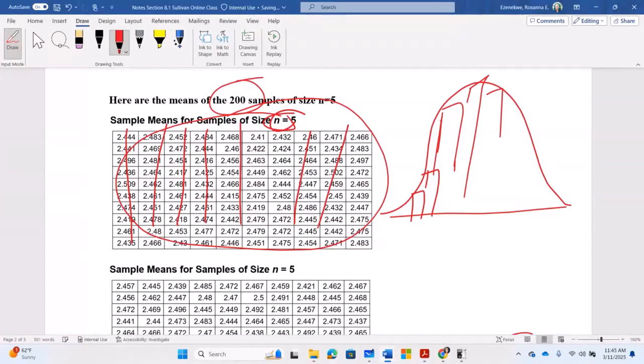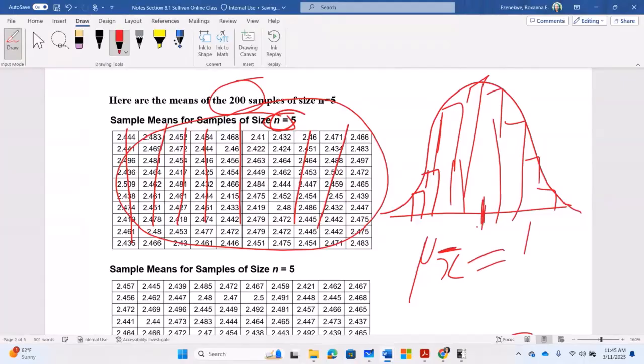It will have one peak. And the mean of the distribution of means, the mean of the central limit theorem, will be equal to the mean of the original data.